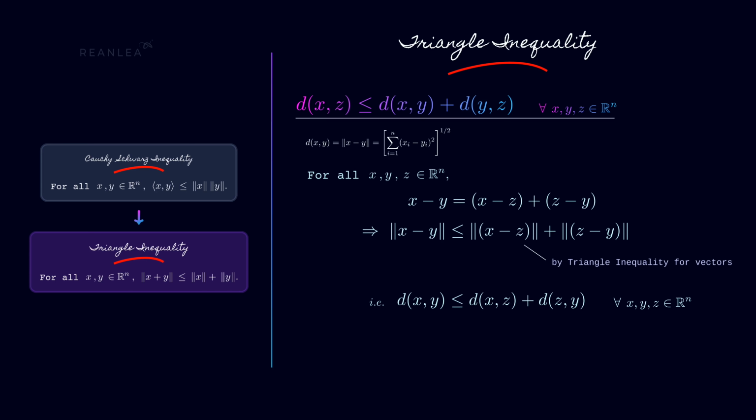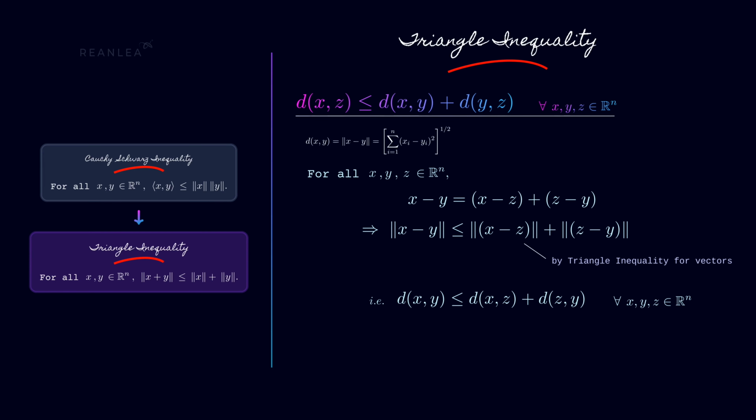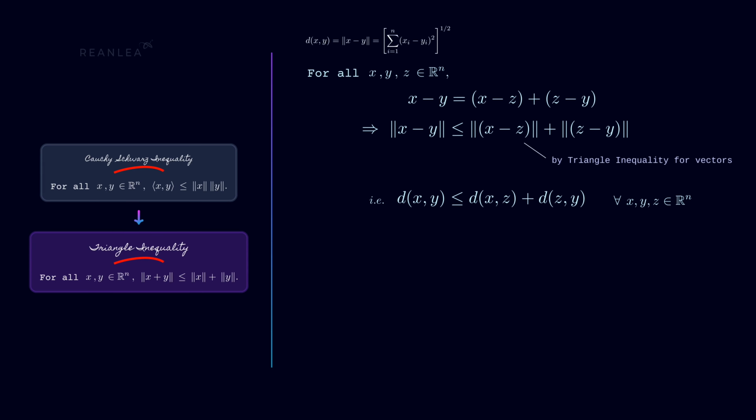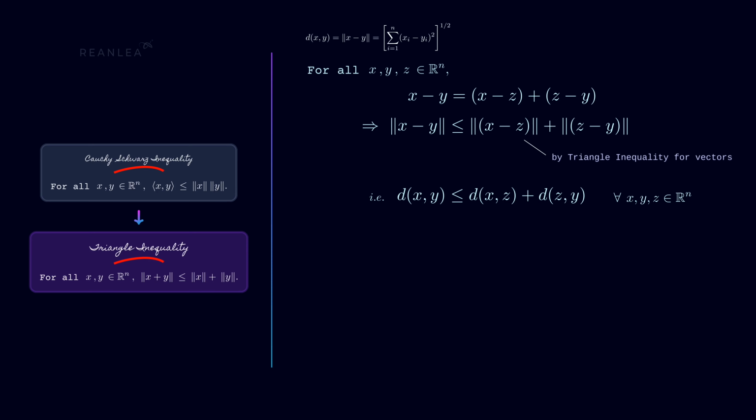And that's how the triangle inequality for vectors gives us the way to show the triangle inequality for distance in n-dimensional space Rn.